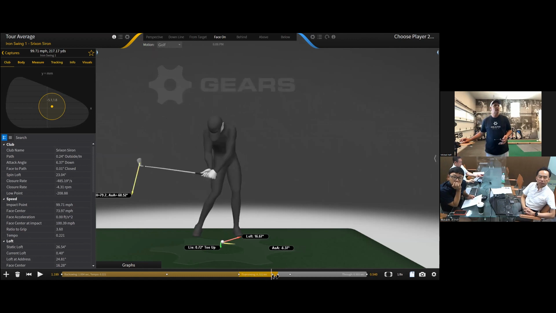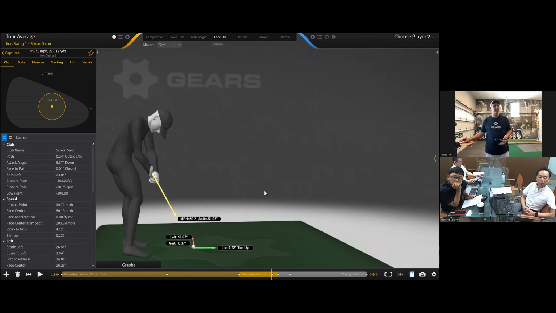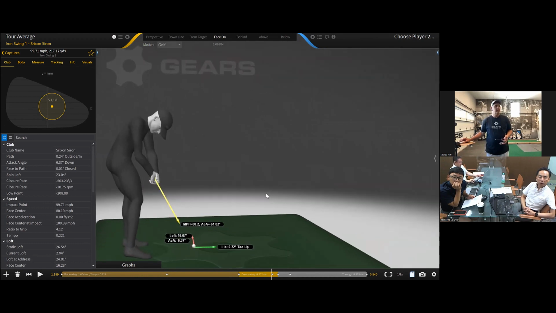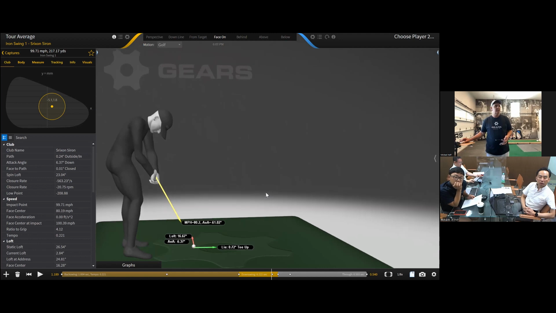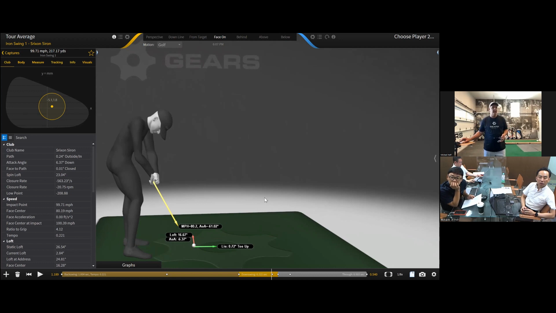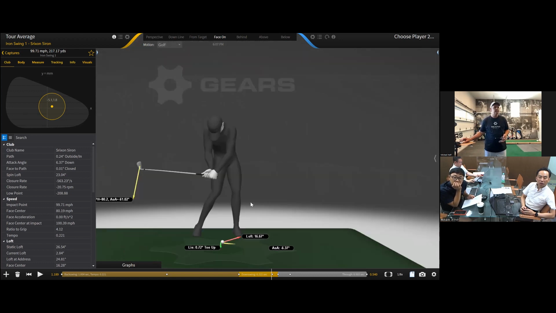So it's always going to be, this is kind of hard to explain, guys, but it's always going to be in relation to the club itself. I don't know how you're going to translate that, Taiki. For example, it's always going to be the loft to itself.